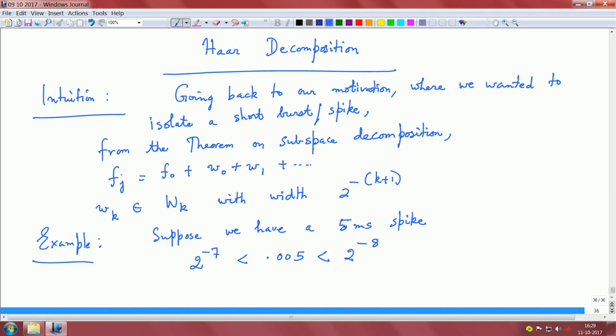Okay, these are important things. I think with this motivation in mind, we will start with the wavelet decomposition procedure.